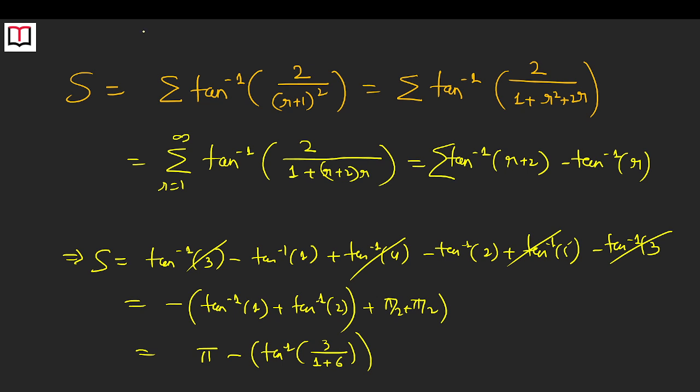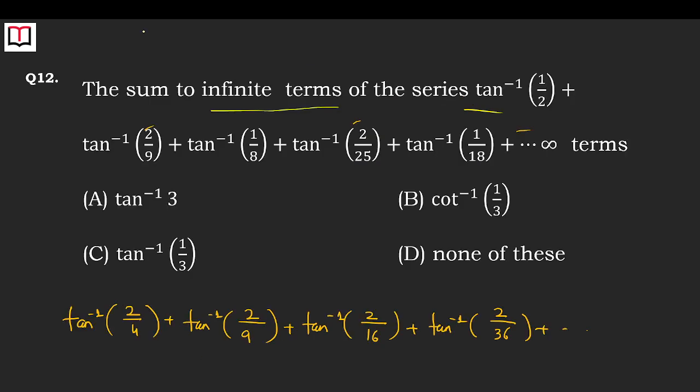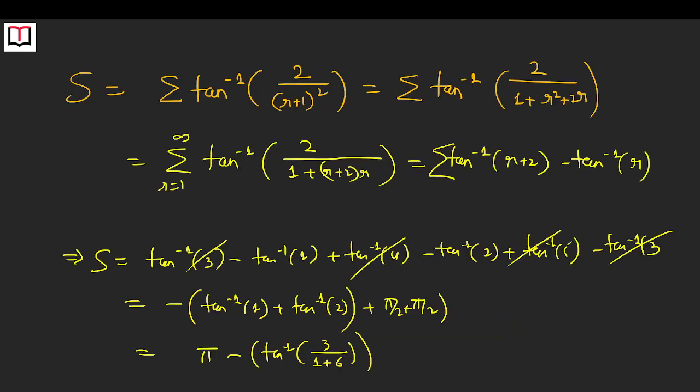So pi minus, so I think something went wrong. Tan inverse infinity, infinity is pi by 2 itself.